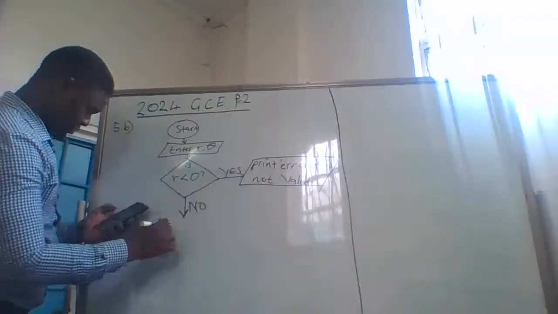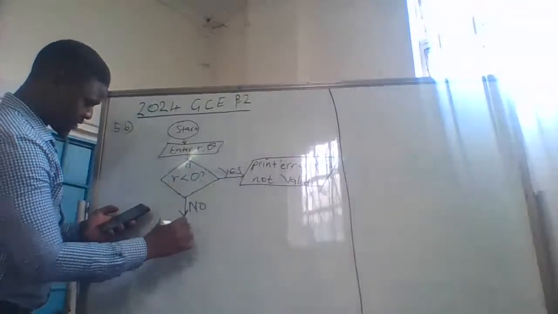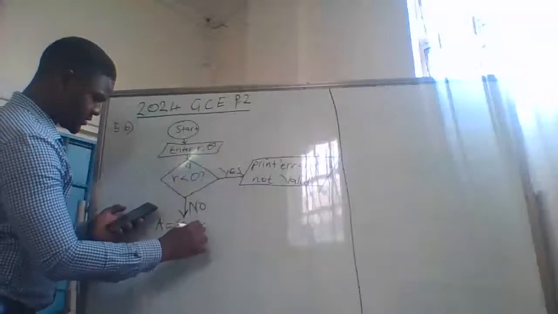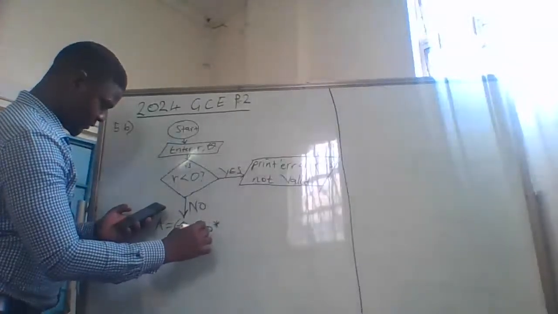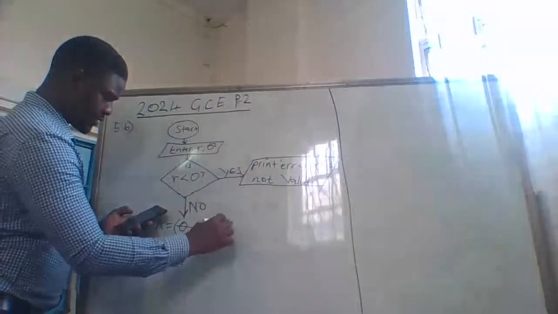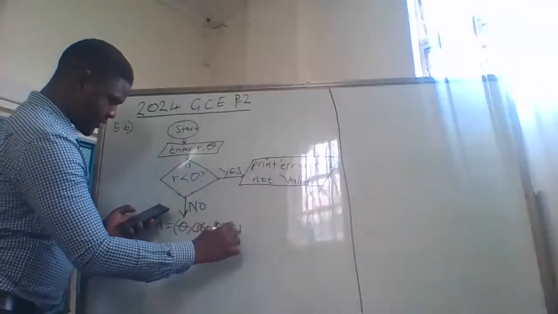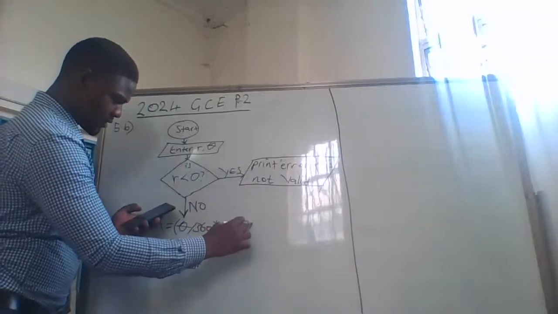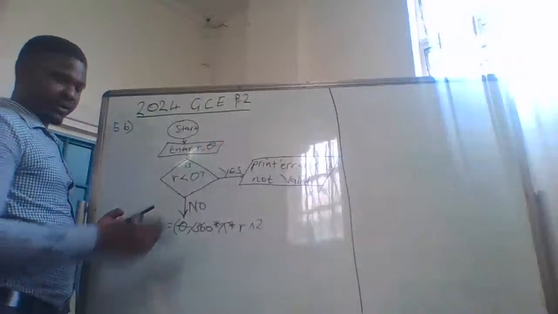Area equals, open parenthesis, theta over 360, times pi times r squared.